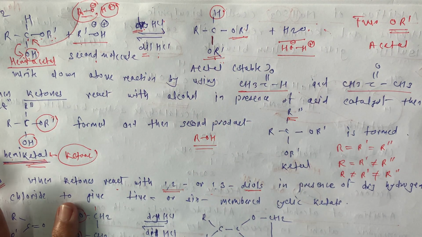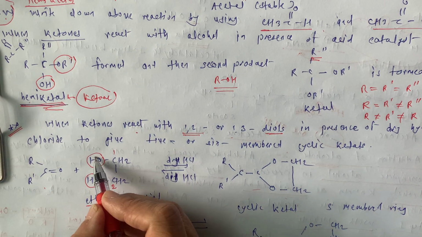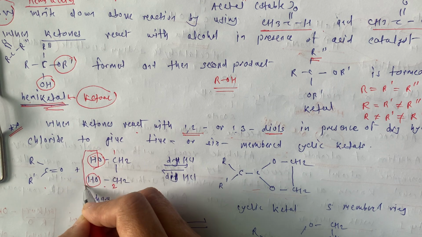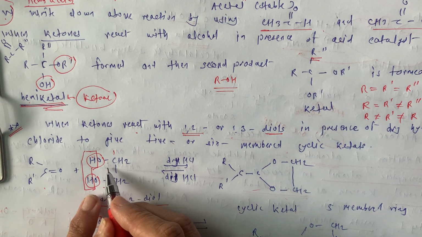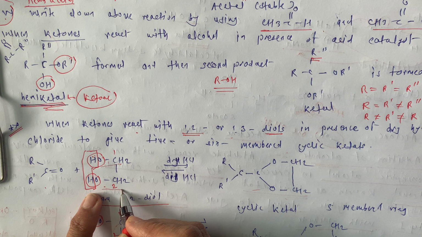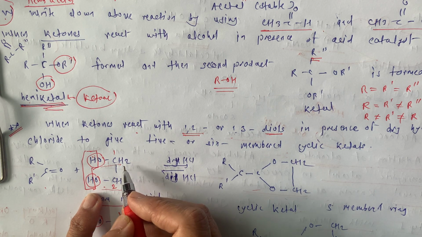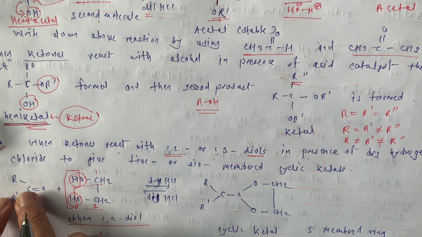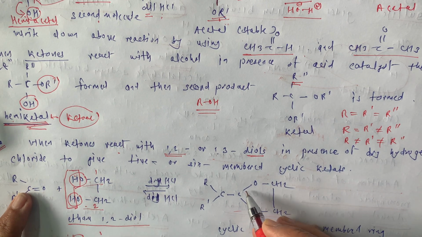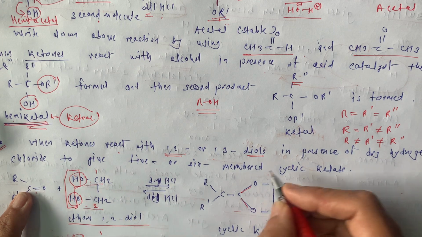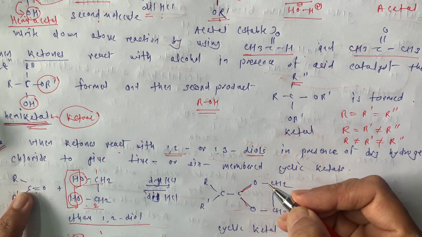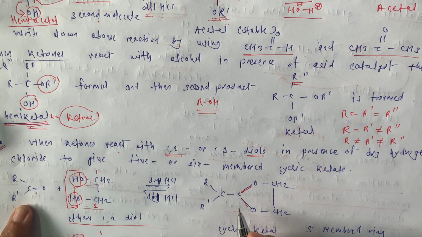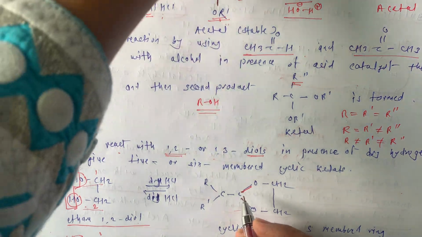Okay, if we remove this H, then this is OR, this is OR. Okay, and that OR and OR now convert this C double bond O into a link like this. This is a double bond, so here there is formation of one single bond and of another single bond.